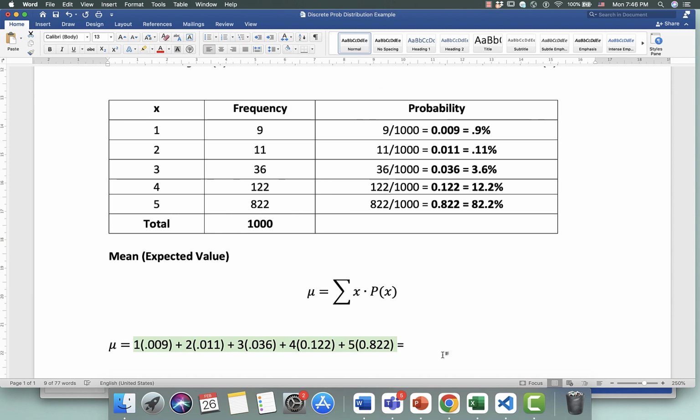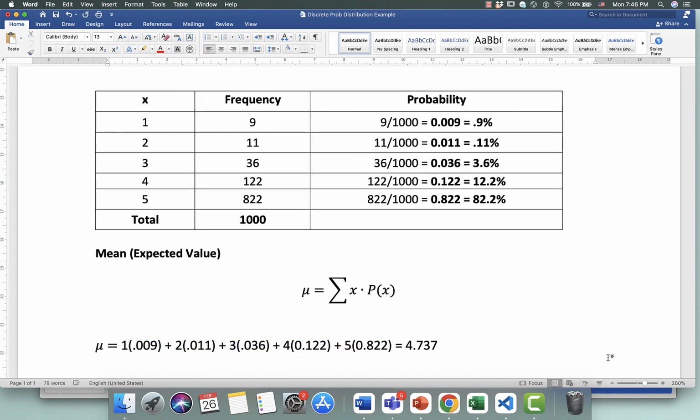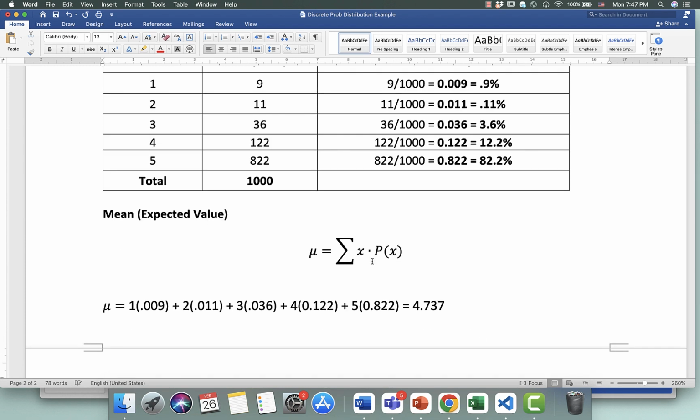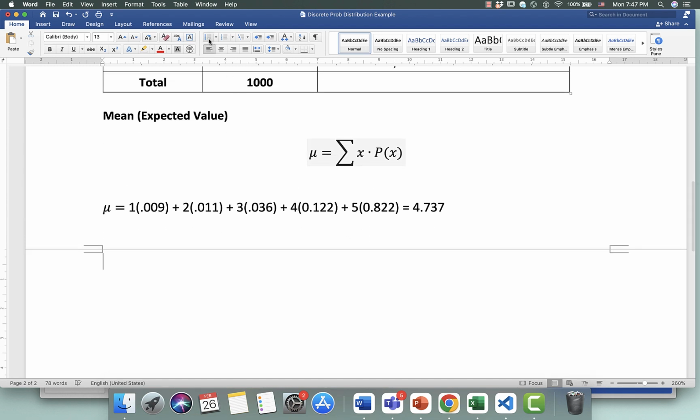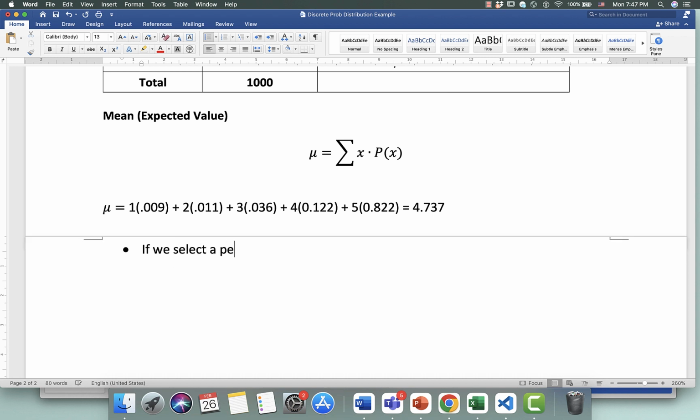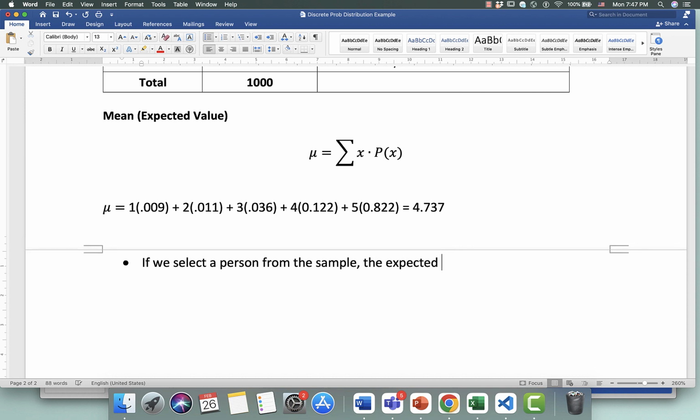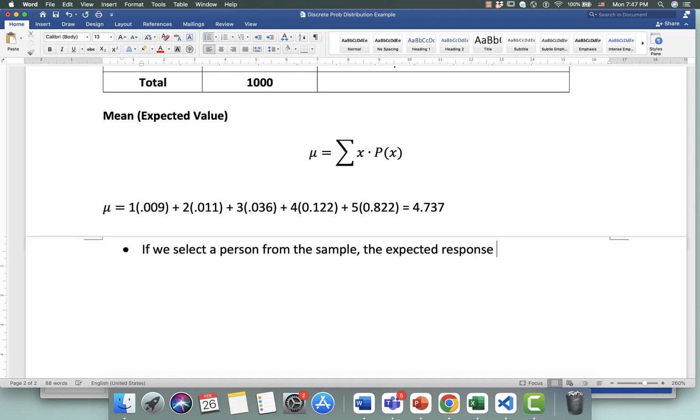And we can interpret this in a couple different ways. One interpretation would be that if we select a person from the sample, the expected response is around 4.7.